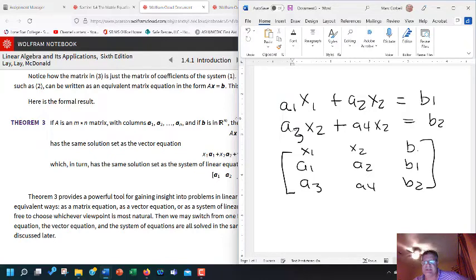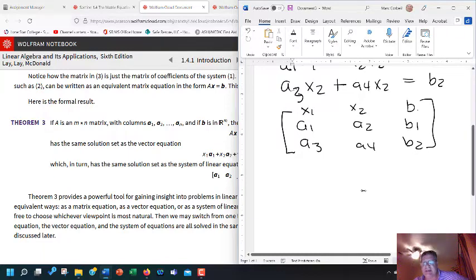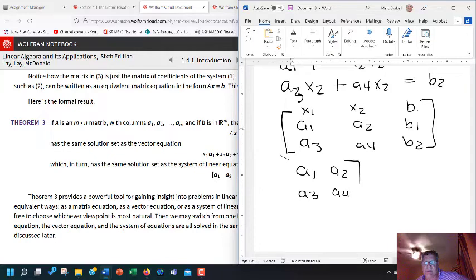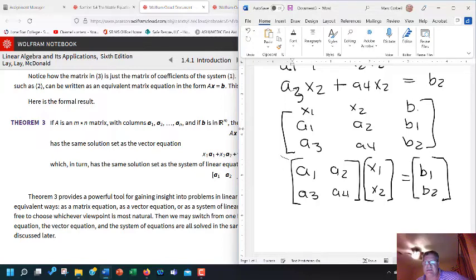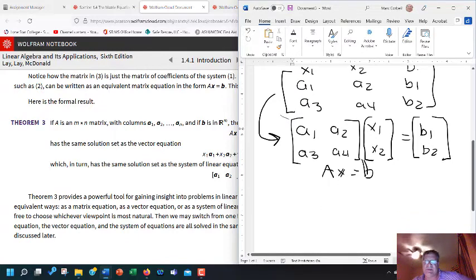But another way to represent the same system is to write it as Ax equals b, with a1, a2, a3, a4, and put x1 and x2 in a column to the right of the matrix, and over here b1, b2. In other words, the augmented system that we solved before can now be represented by the system Ax equals b, a vector representation of the system.